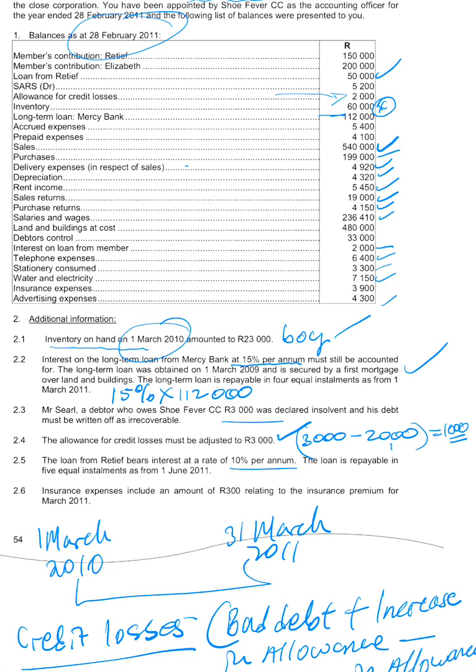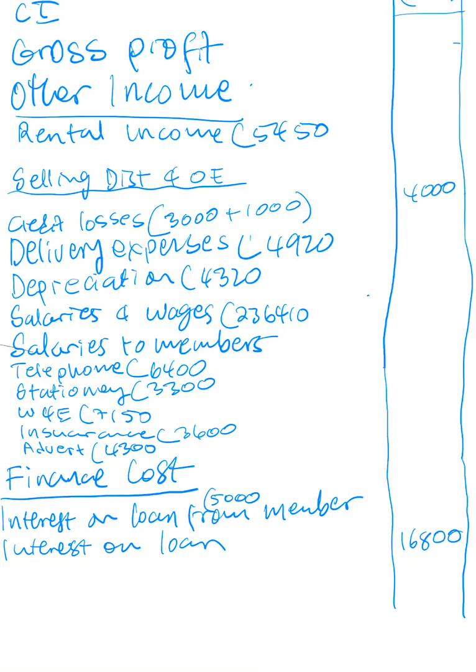So he was given a loan of 50,000, so we're going to say 50,000 multiplied by 10%. They did not give us the period, so we assume that it was a full year, which gives us 5,000. When we come this side, we can see that the interest on loan from member that was paid was 5,000. So it is all fine. There is no adjustment that should be made there. 16,800 plus 5,000, assuming that there is no other, gives us 21,800 for our finance cost.